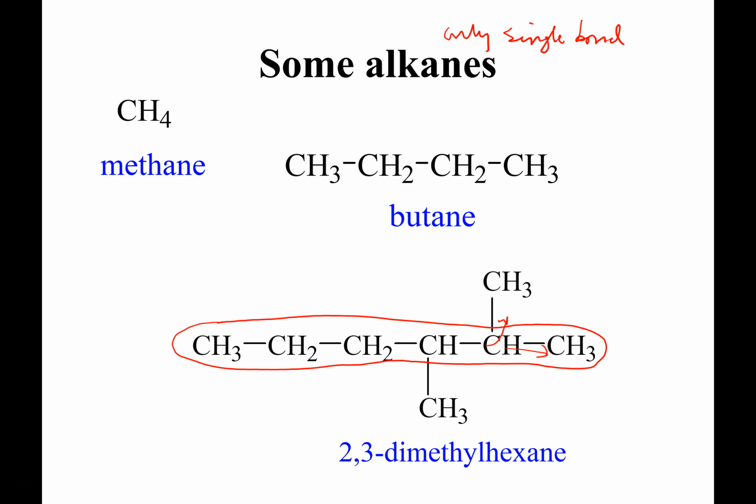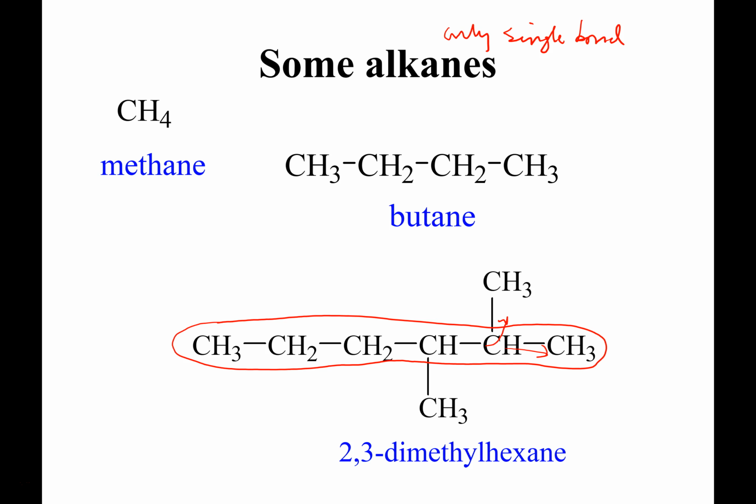So we're going with the longest chain. We got 1, 2, 3, 4, 5, 6. So 5 is pent and 6 is hex. 7 is hept, H-E-P-T.